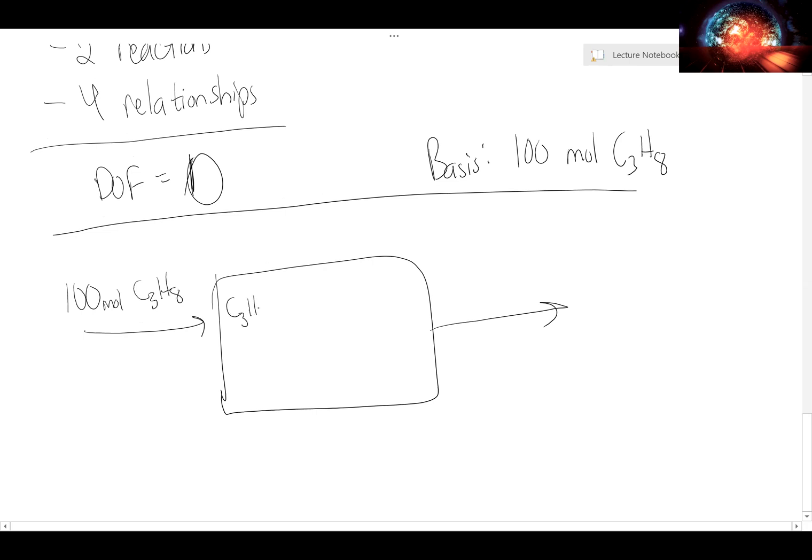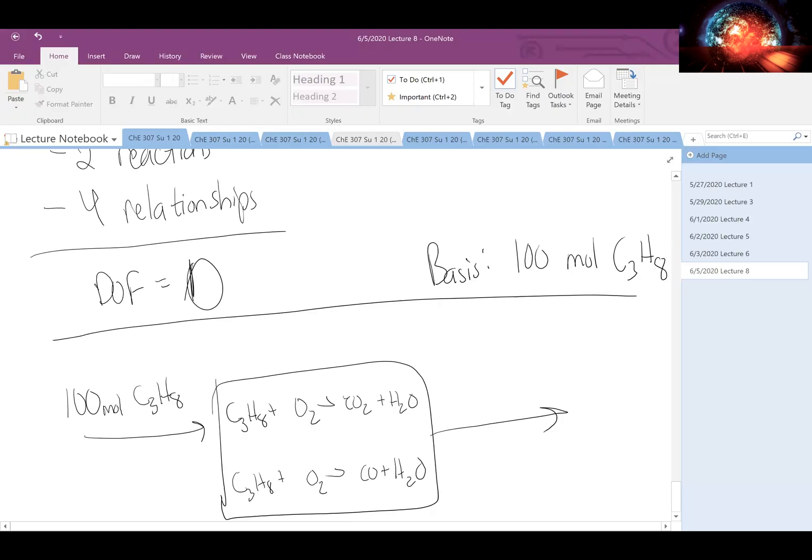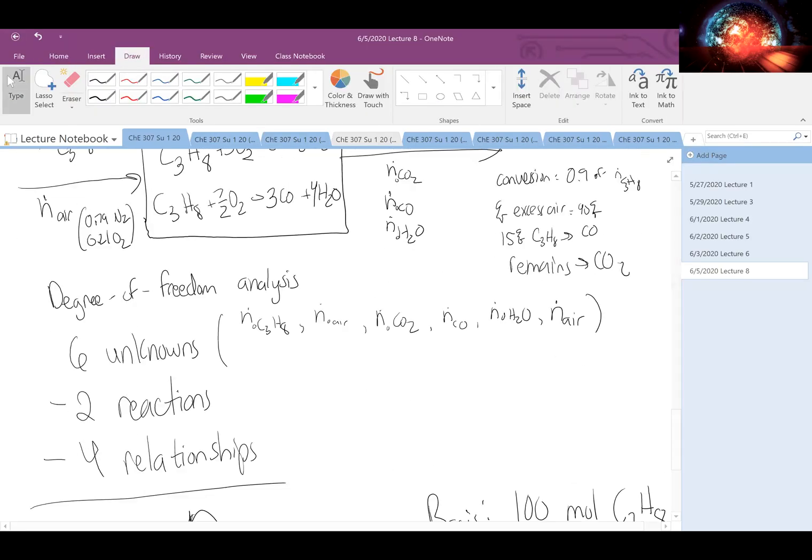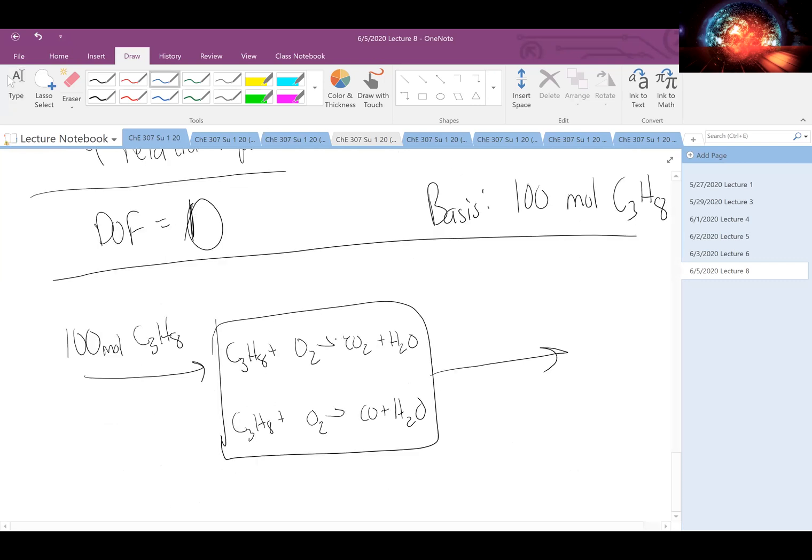I still have those same reactions, and here I'm going to use a different color for the subscripts, 5, 3, 4, because it's easier to see them.